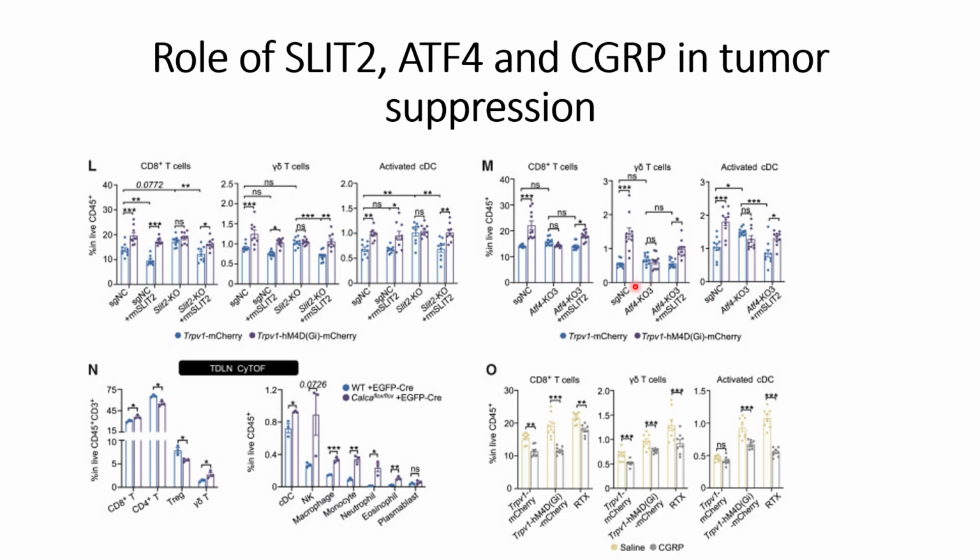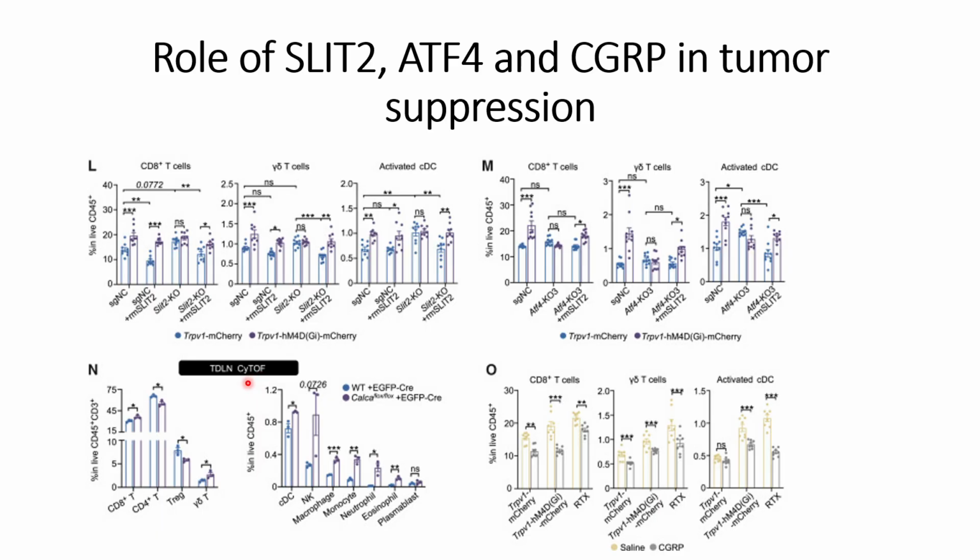However, when they intratumorally inject recombinant SLIT2, a difference in the CD8 plus T cells, gamma delta T cells, and conventional dendritic cells can be seen. And with this, immune cell populations are high in the presence of chemogenetic inhibition using HM4DGI.